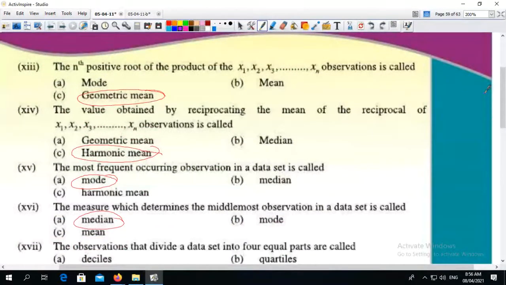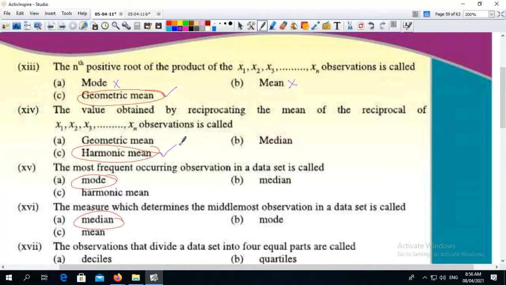The nth positive root of the product of the observations x1, x2, x3 is called geometric mean. Mode not possible, mean not possible. Mode means most repeated value and mean is summation x by n. So it's geometric mean because we take the positive root. The value obtained by reciprocating the mean of the reciprocals is called harmonic mean.